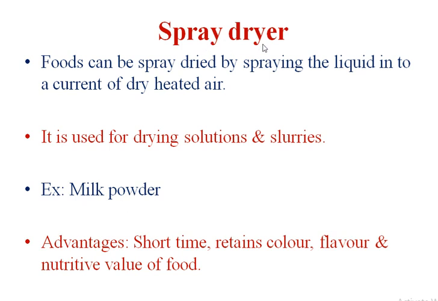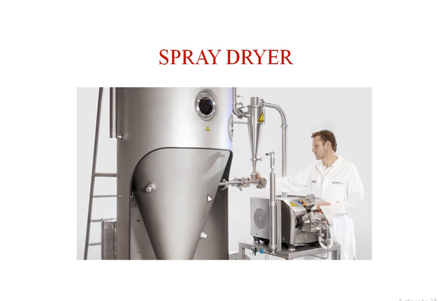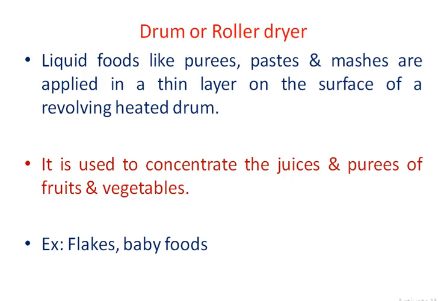The advantage of this spray dryer is that it requires only a very short time, and it retains the color, flavor and nutritive value of the food. This is the dryer usually available in the market for drying milk and milk products, and also other liquid foods.